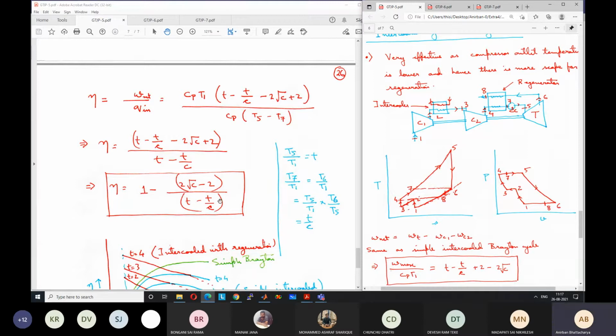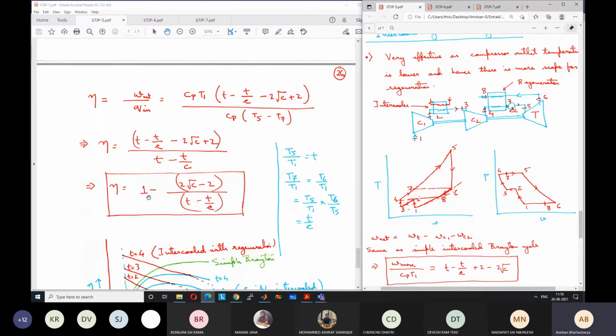So T5 by T1 is again T, and T7 by T5 is nothing but equal to T6 by T5. T6 by T5 is equal to 1 by C, because T5 by T6 is equal to R to the power gamma minus 1 by gamma. So from there we get that this is equal to T minus T by C. It's written here also.